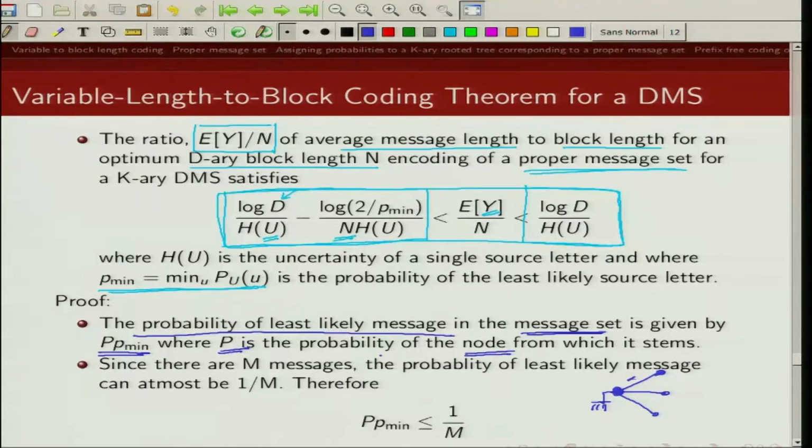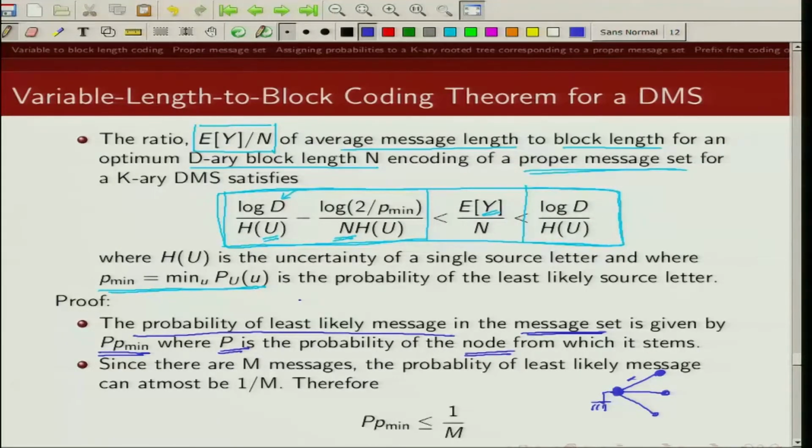And what are the messages in the proper message set? The messages are nothing but the leaves. So the claim I am making is that the probability of the least likely message, which corresponds to a leaf, is given by P times P min, where P is the probability of the node from which it stems and P min is the probability of the least likely source letter.